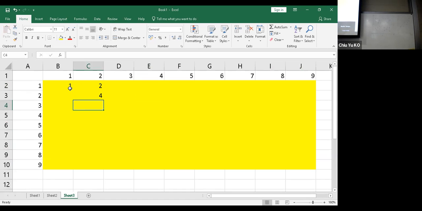All I want you to do is to try to use the idea of relative address or absolute address to fill this in quickly. The quickest you can do is within 3 steps: just type 1 cell and do 2 copyings. That is the fastest, but try to do it.